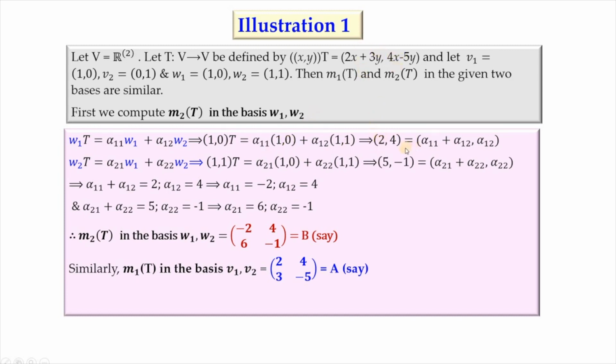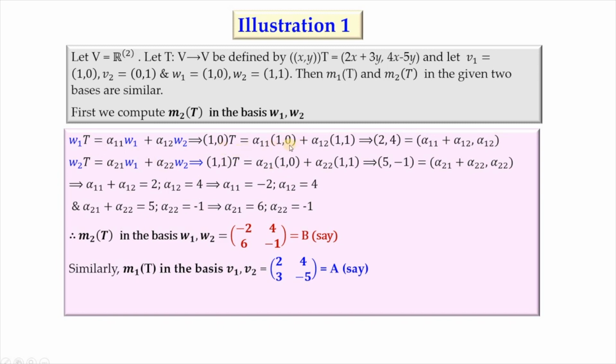That 2, 4 should be written in terms of these two basis elements, W1, W2. If you want to write the matrix of T with respect to W1, W2 on both sides, then whatever coefficients we have will form the first row, second row entries of the corresponding matrix.